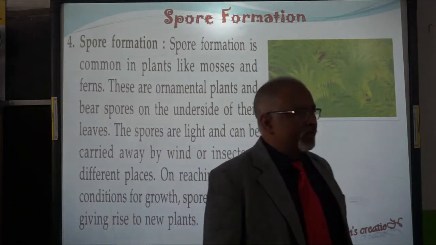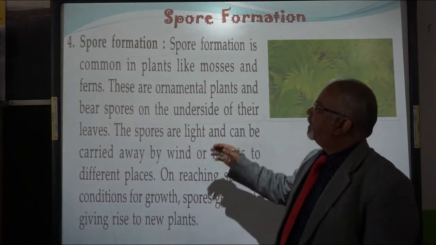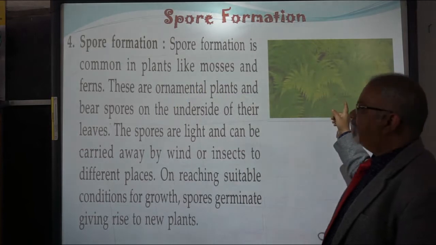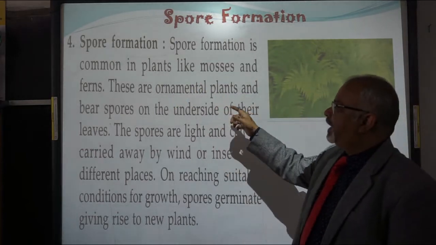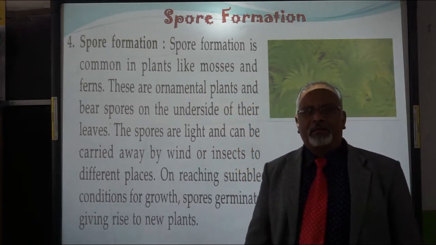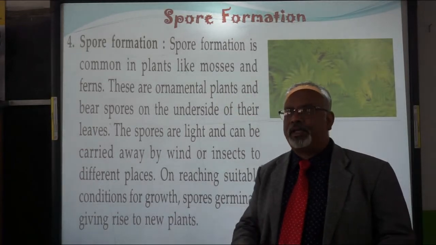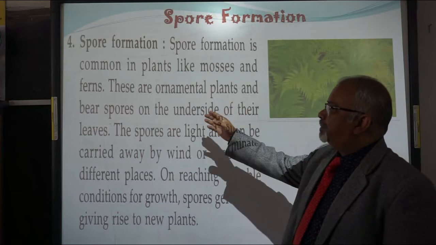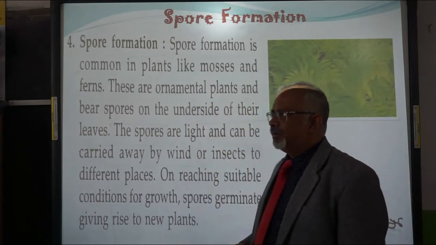So let us talk about this spore formation. It is common in plants like mosses and ferns. We call them ferns. These are ornamental plants. People keep them in flower pots also and keep them inside the house. They bear spores on the underside of the leaves.